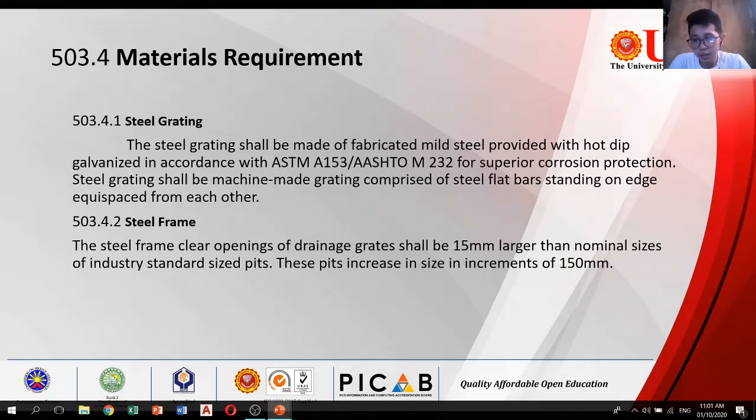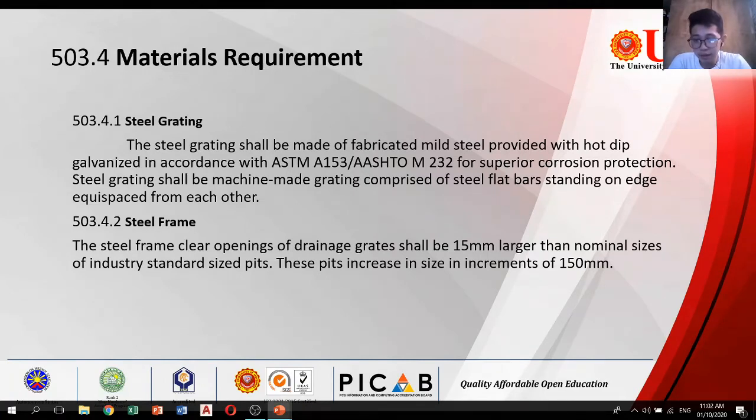Steel grating shall be machine made, comprised of steel flat bars standing on edge spaced from each other. In order to prevent them from falling over and to provide restraint in buckling, twisted cross rod 6 mm is forge welded into the top of the flat bars.